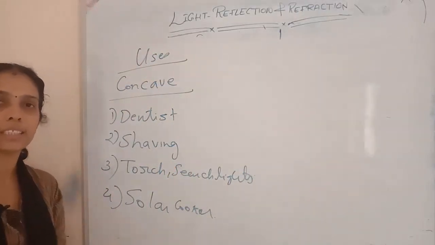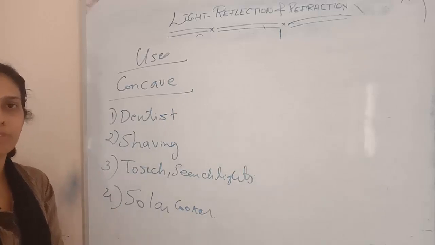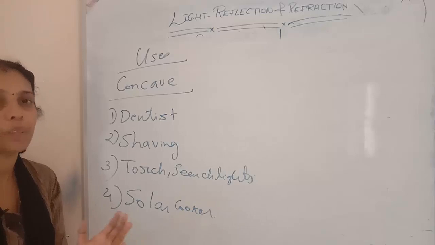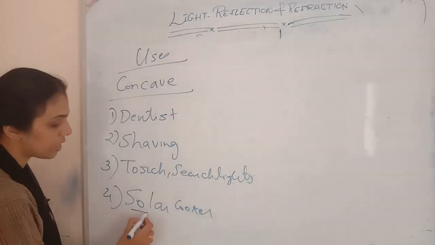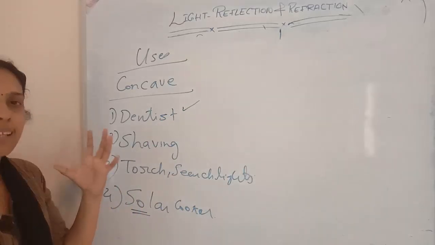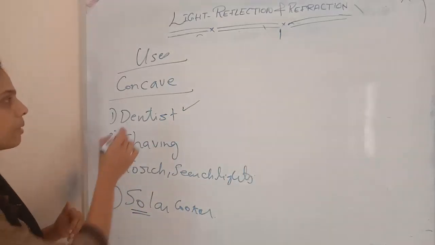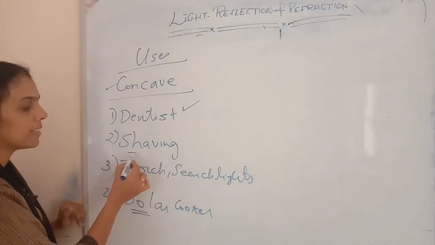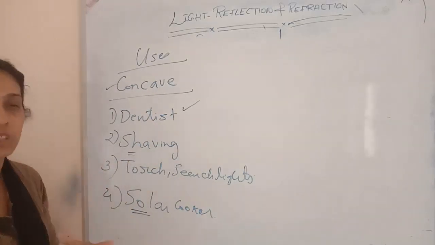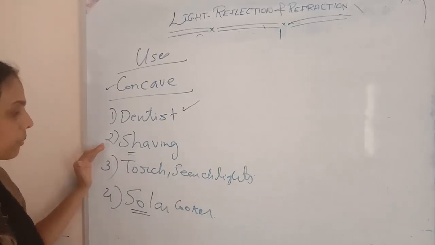So all the light rays will be incident on the principal focus, and that is the position of the food to be cooked. Dentist mirrors are concave to observe enlarged images. Shaving mirrors are also concave because of the enlargement of the object.